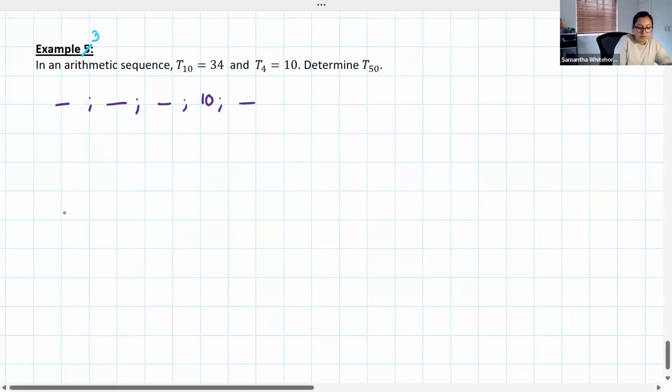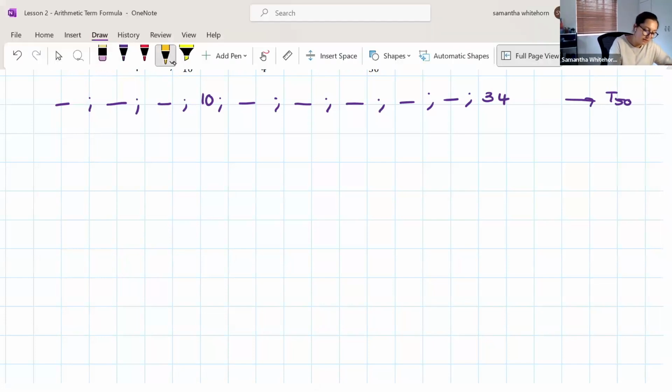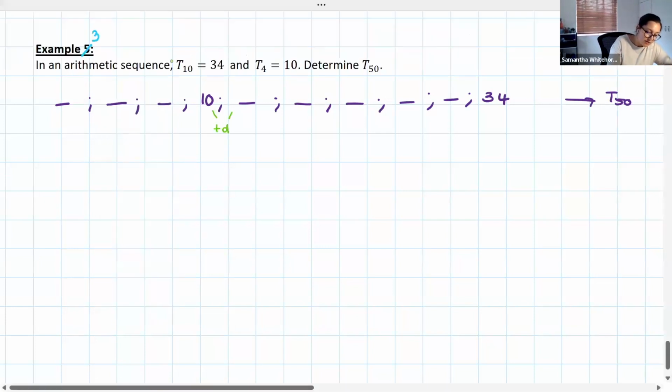I don't know terms 5, 6, 7, 8 or 9, but I know that term 10 is 34. I then need to get to term 50, but we'll get there. I like to set up an almost incomplete sequence, just to see what I'm working with. This helps me visualize that because this is a linear pattern, what I'm doing is adding that constant difference each time.